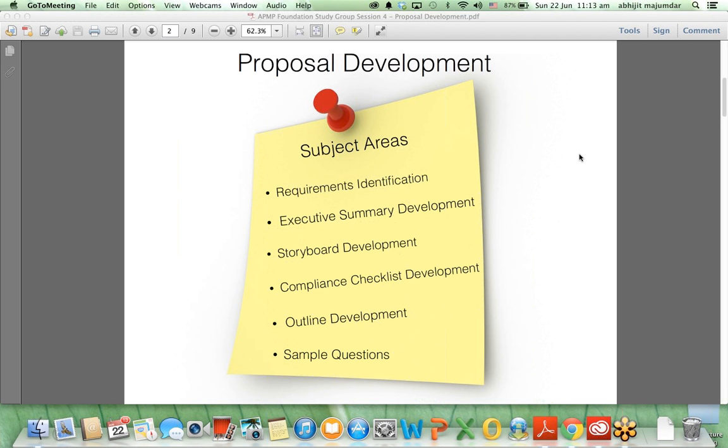And also we will see how we develop the executive summary. The proposal evaluators may read through all of the proposal, or may read specific sections related to their areas of evaluation, and they will give their recommendation. But the final recommendation will come from the executive team, who will take a decision on whom to award the contract.